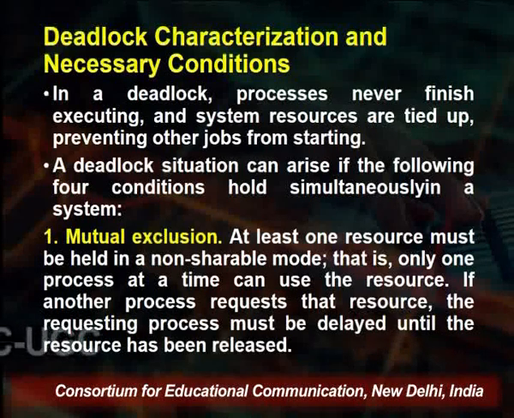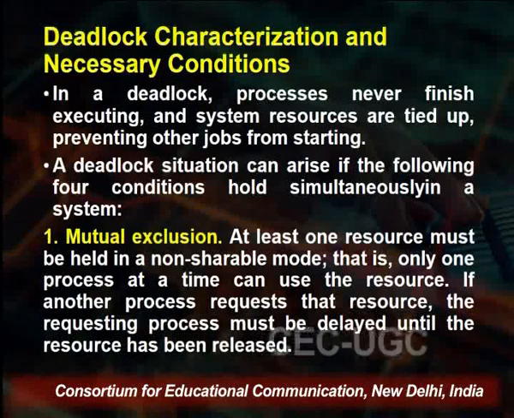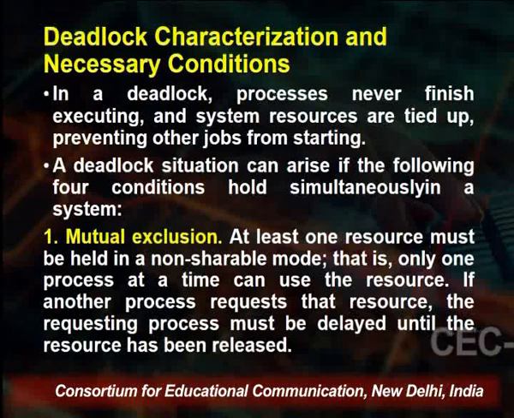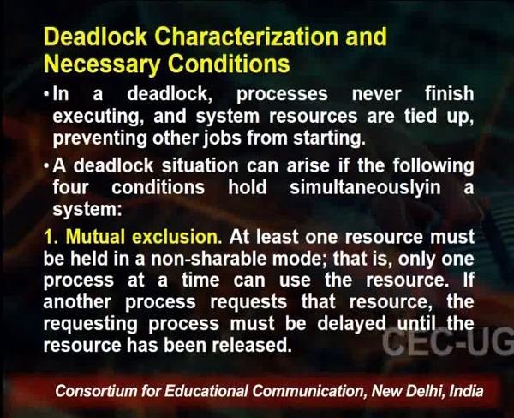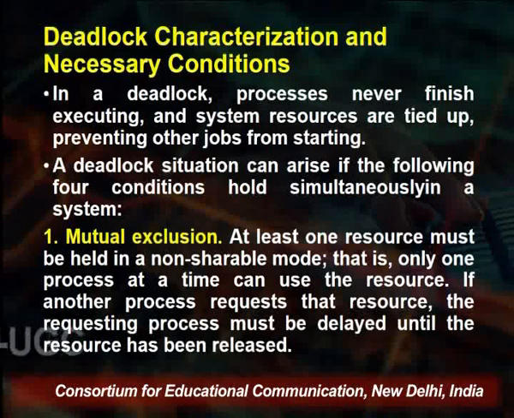So one deadlock can lead to multiple processes being stalled from their execution, because more and more resources get held up by the processes, and eventually there will be a condition when none of the processes can execute, and the system may require a manual restart.